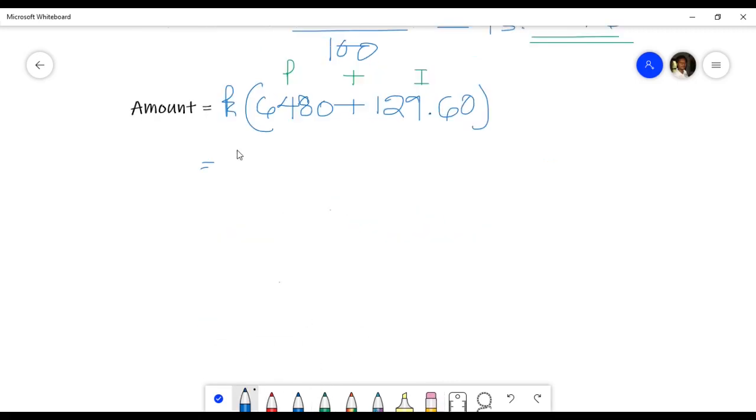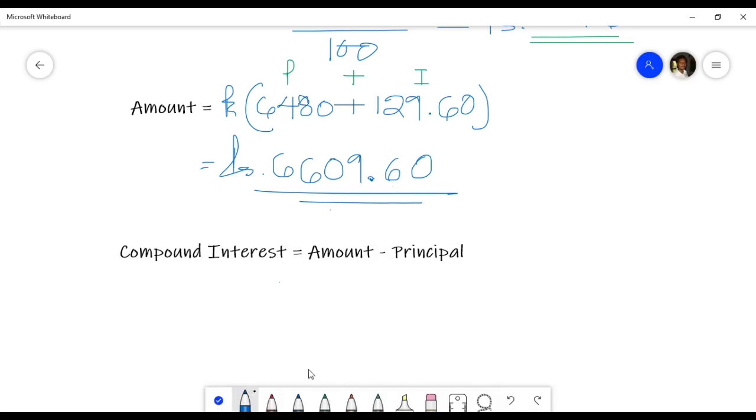So when we add this up, we get 6,609 and 60 paise, 6,609.60. So this is the amount that we have found at the end of 1 year and 3 months.